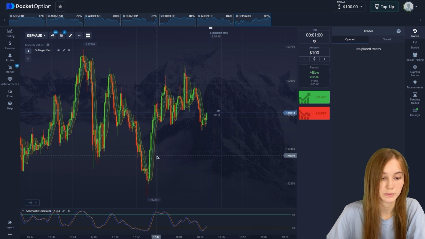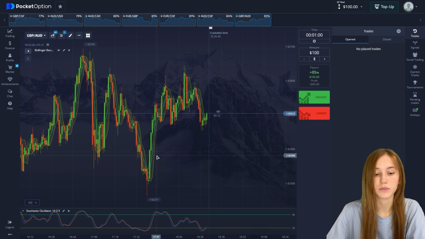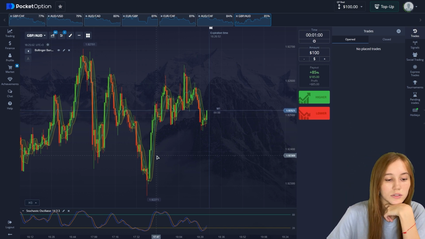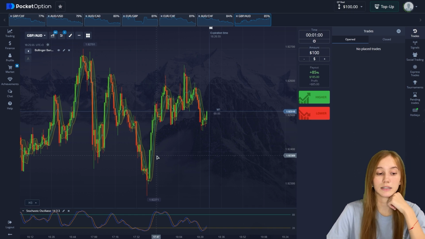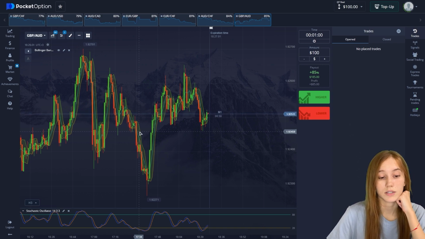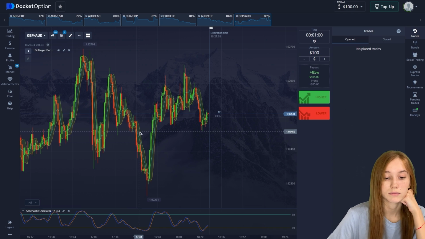So let's start. Here we come to the first concept. Let's open the deal, a down deal, and start our technical analysis. We see some decreasing, but then a peak.